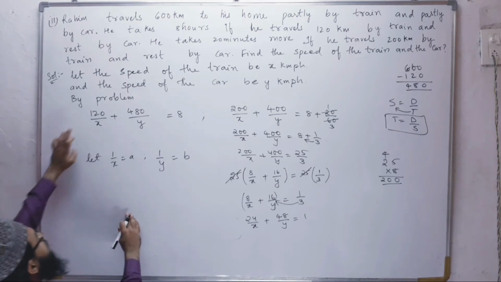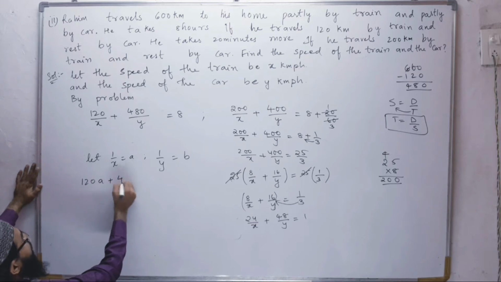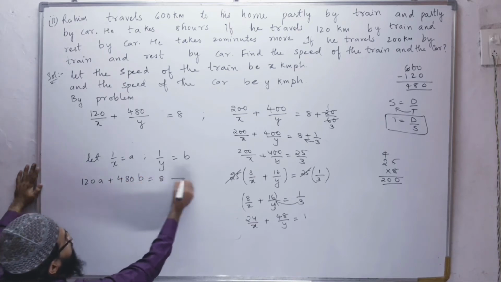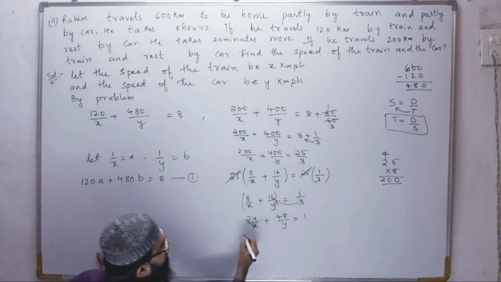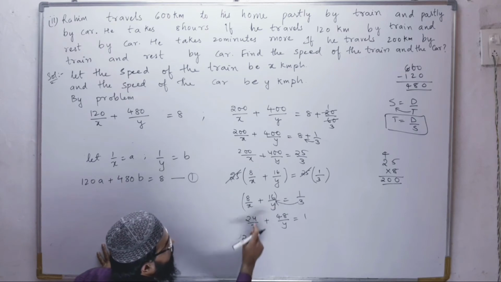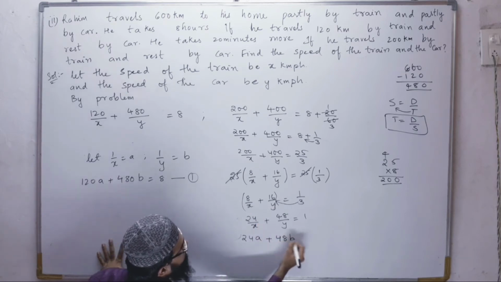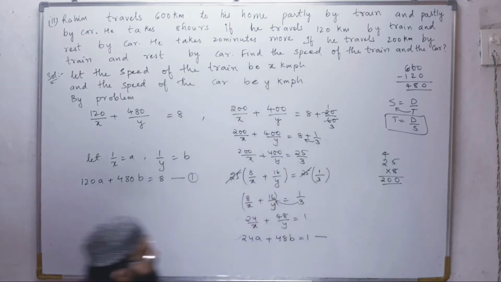So the first equation becomes 120a plus 480b is equal to 8. So this is our first equation. Now we can write 24 times 1 by x, that is a, plus 48b is equal to 1. So this is our second equation.